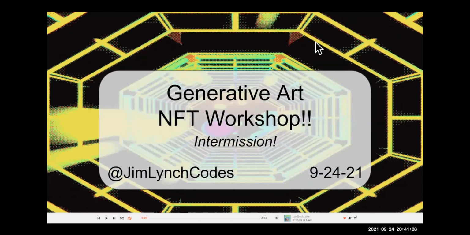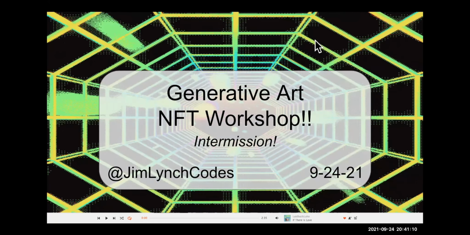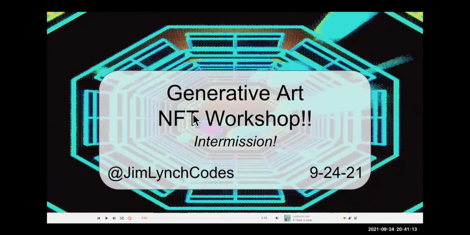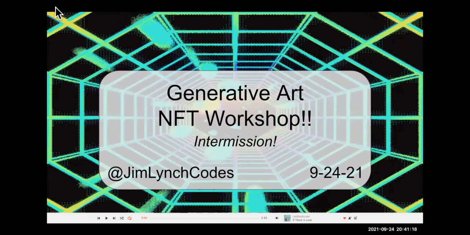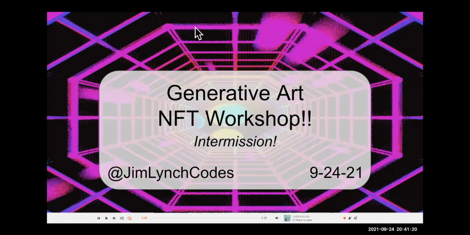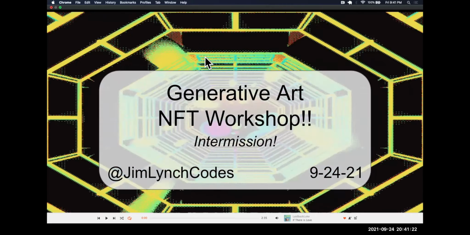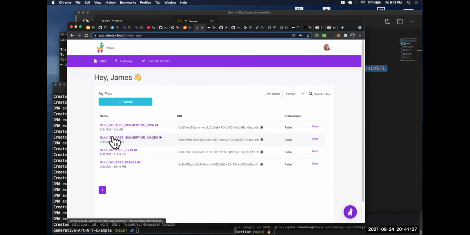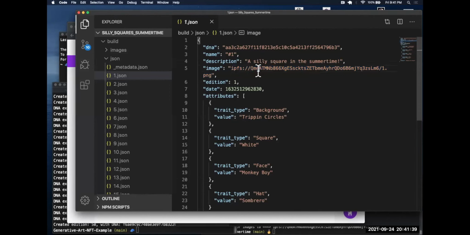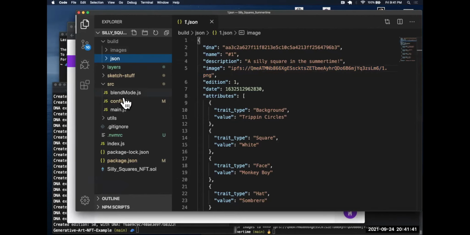Okay, welcome back, everybody. This is part 2 of the Generative Art NFT workshop, right? The Pinata upload, we were waiting for that for hours, it seemed like. The images are finally uploaded here. I took this CID and pasted it in the config.